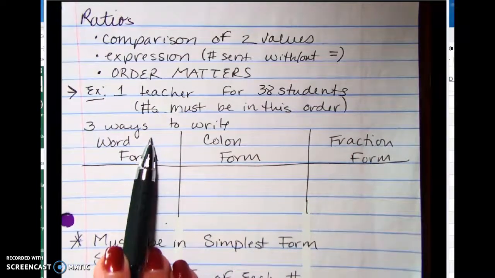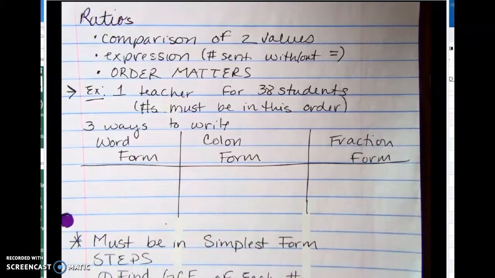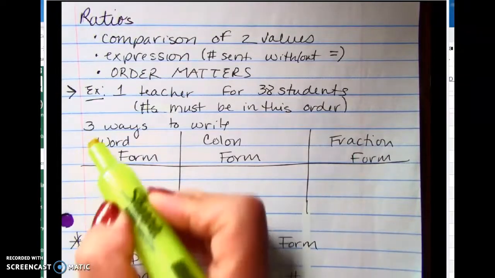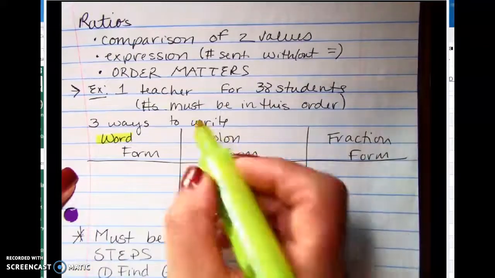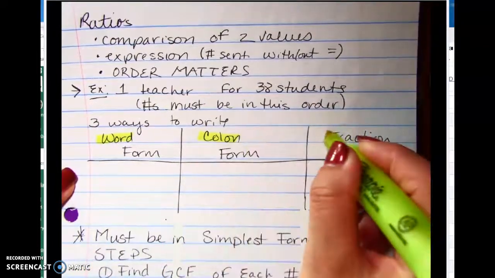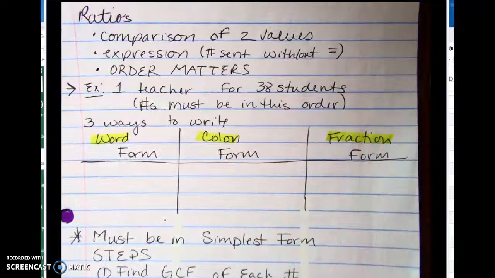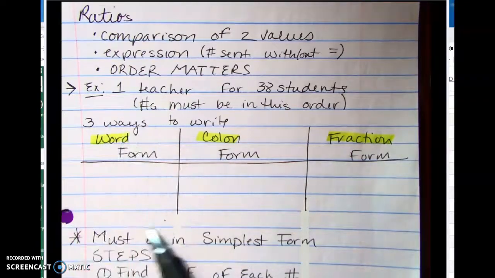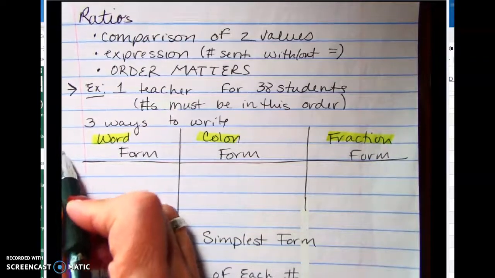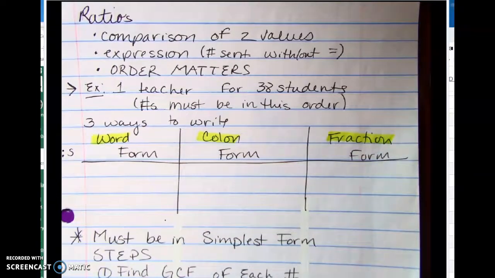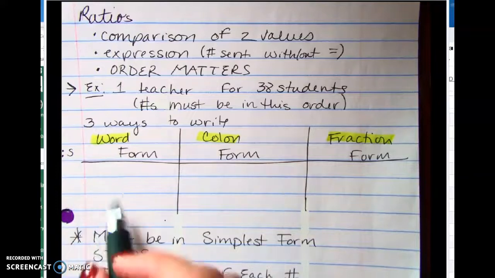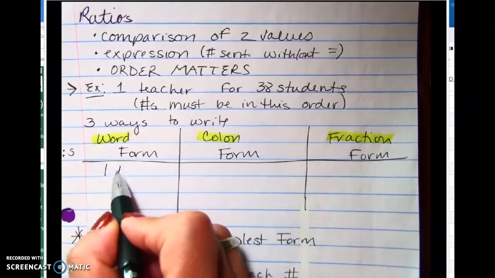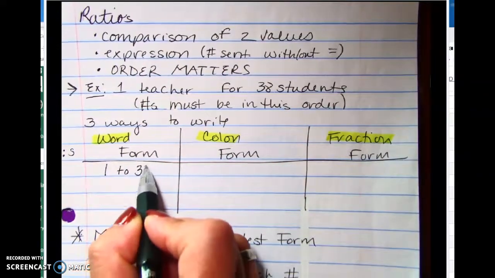Now there's three different ways to write your ratio. There's word form, there's colon form, and there's a fraction form. You need to know all of those, but we'll probably focus more on one than the other. Now, for word form, we're going to take a look back up at this. So if we want to keep it as teachers to students, we would have to write it as 1 to 38.